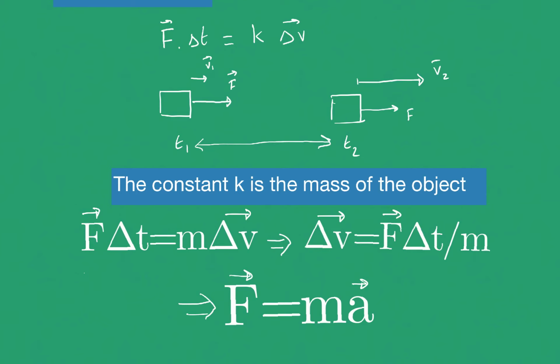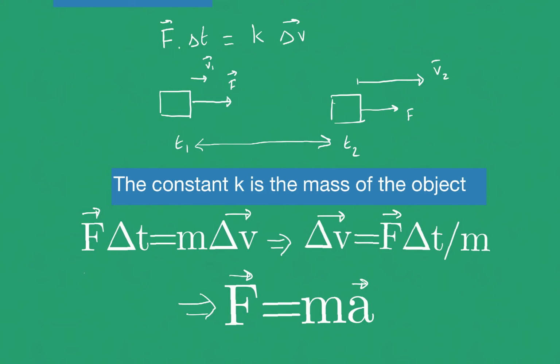For example, this is the object. The object is moving with a certain velocity v sub I. The force is acting during the time t1 until t2. The force acting during that time produces a change in the velocity, and the change in the velocity in this case will be v2 minus v1.